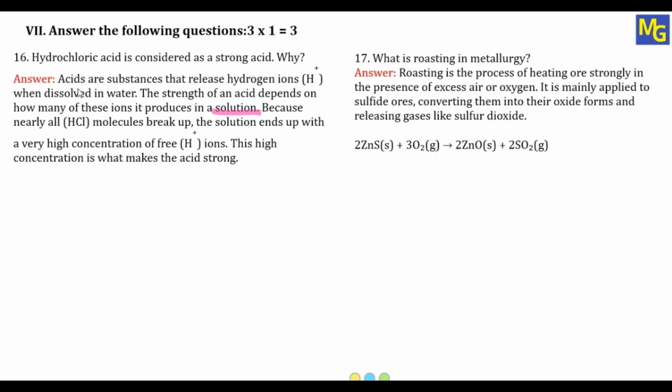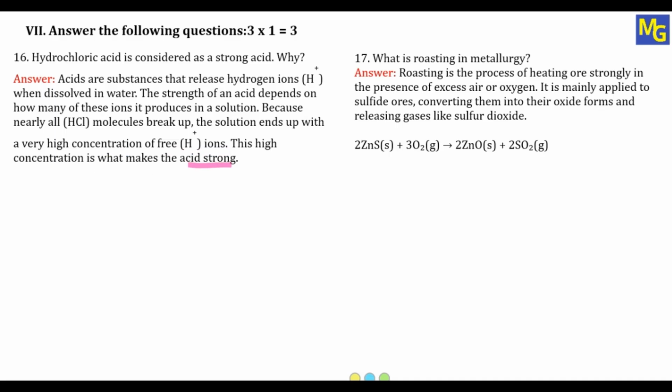All acids release H plus ions in water, but the acid which releases more H plus ions is stronger. Because nearly all HCl molecules break up, the solution ends up with a very high concentration of free H plus ions. And this high concentration is what makes the acid strong.